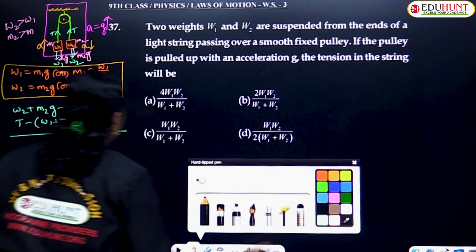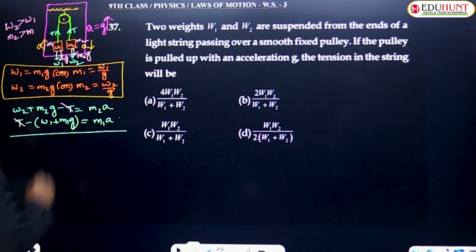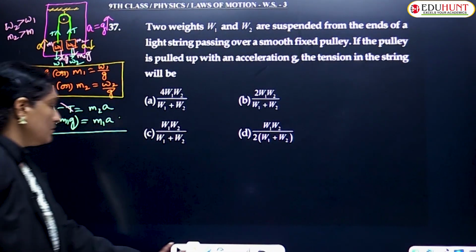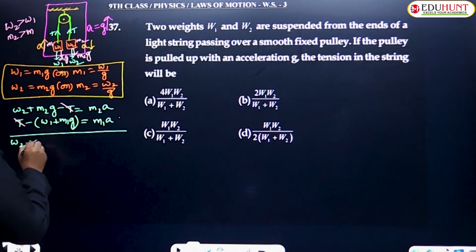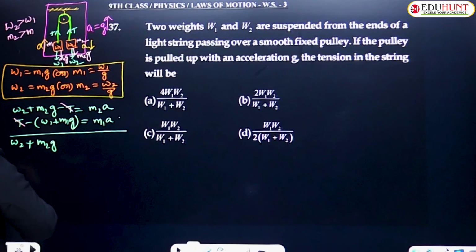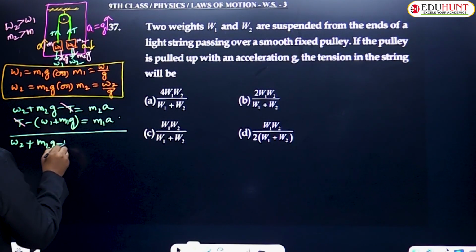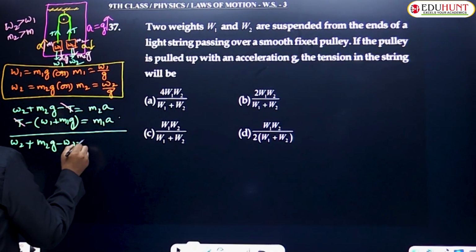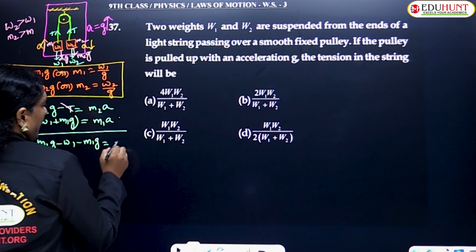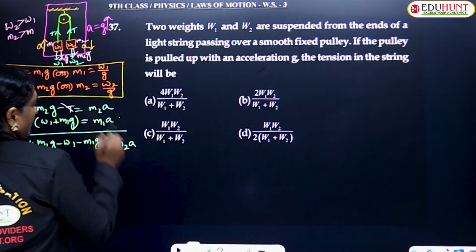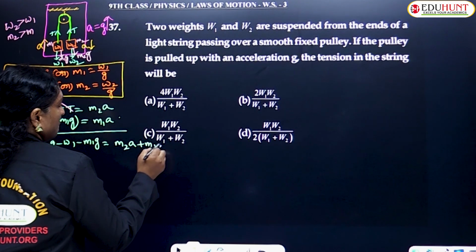If you try solving this, minus T and plus T get cancelled. So you are left with W2 plus M2G, minus, take it inside, W1 minus M1G equals M2A plus M1A.